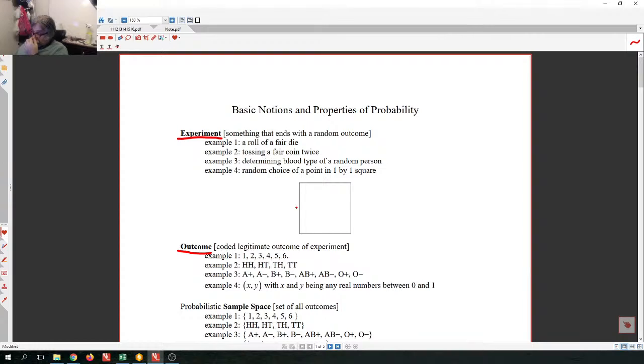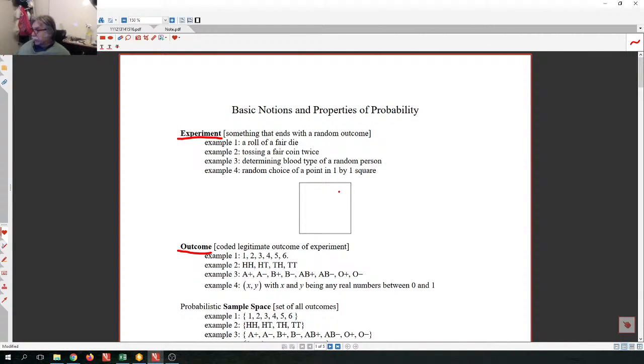Now, in this example, if I am choosing a random point from a 1 by 1 square, I can have infinitely many outcomes, because I can have any point here. And how would we denote that? We would say the coordinates of the point, x and y, right? X would be anything between 0 and 1, and y could be anything between 0 and 1.